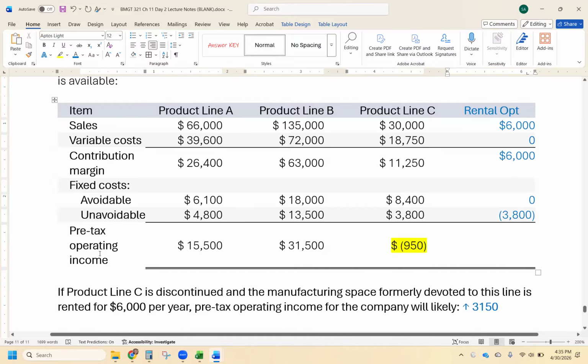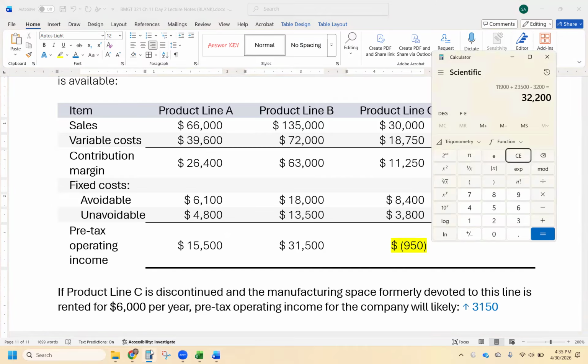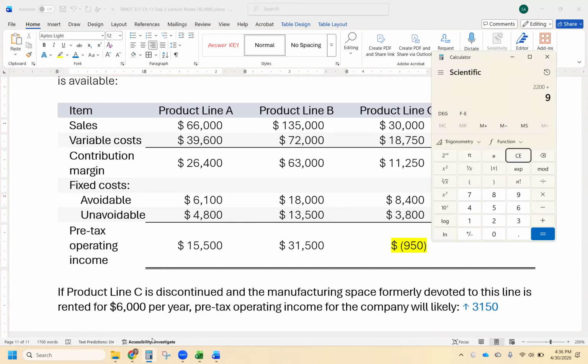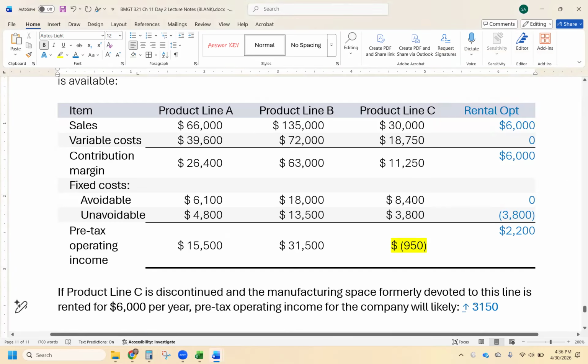So our new pre-tax operating income would be 6,000 minus 38, which is positive 2,200. Cool. So the difference between negative 950 and a positive 2,200 is 3,150. Yes, excellent. Good job. So our overall net income would increase by 3,150.